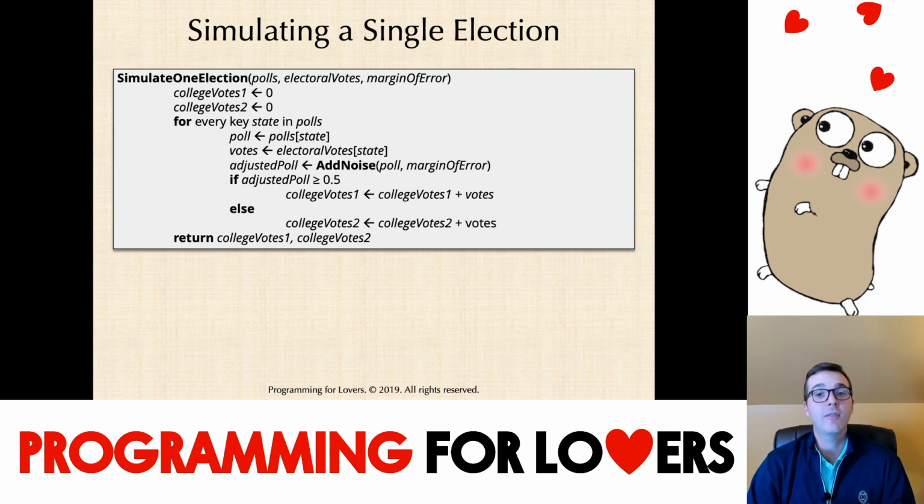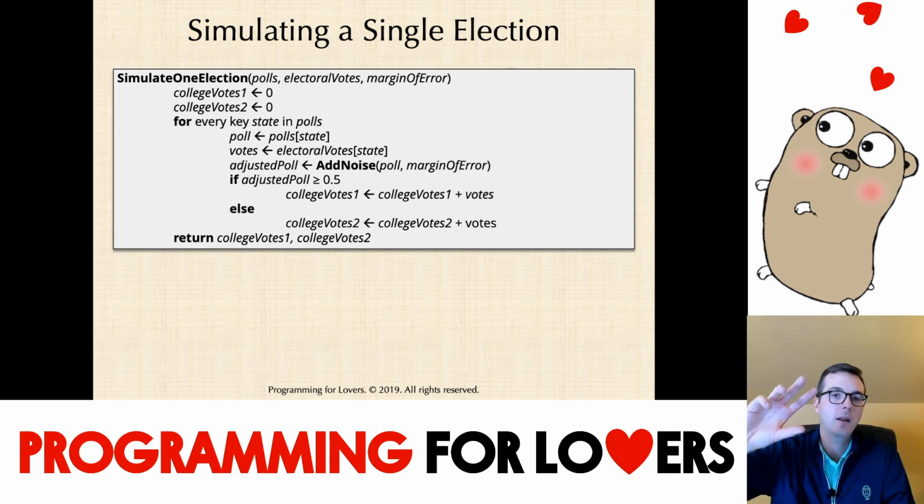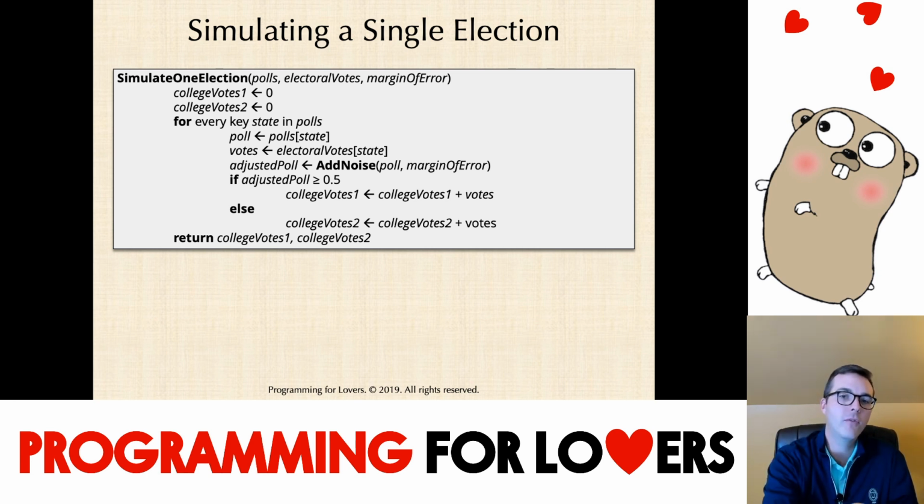So as a result of adding that noise, I can then say, well, maybe it went up, maybe it went down, but for this simulation, was candidate 1 above 50% or not? If they were above 50%, let's give them, winner take all, the votes from that state, which were held in that votes variable. So I'm going to add votes to college votes 1.